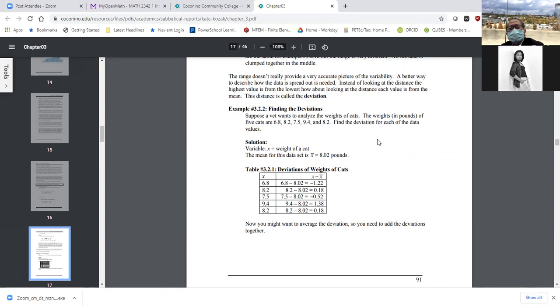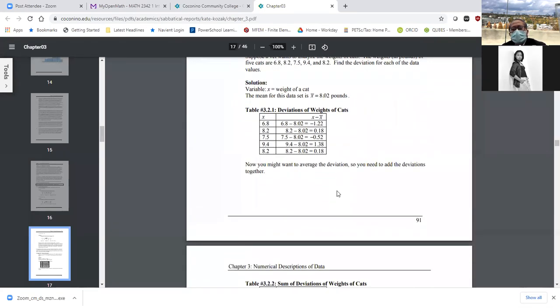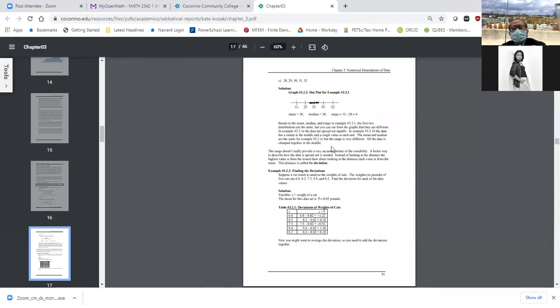Okay? So in this case, you need to find the mean first, right? And then to find the deviation, you need to subtract the mean from the value, right? So you get this formula here.